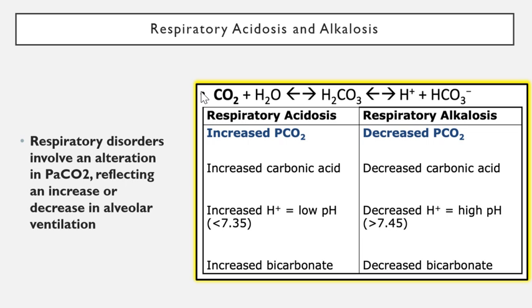So as you breathe, you increase the amount of carbon dioxide that builds up in your tissues, right? Because of that, you have an increase in carbonic acid. And because you have an increase in carbonic acid, you have a decrease in pH, which is an increase in hydrogen concentration. And then the opposite is true.